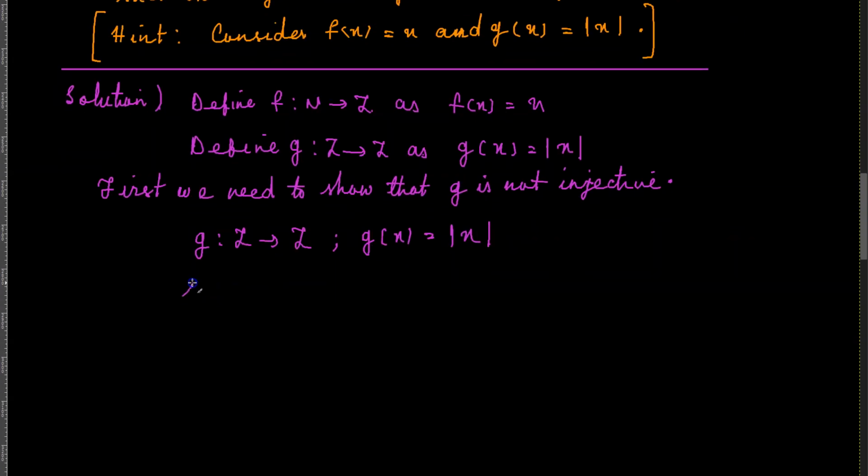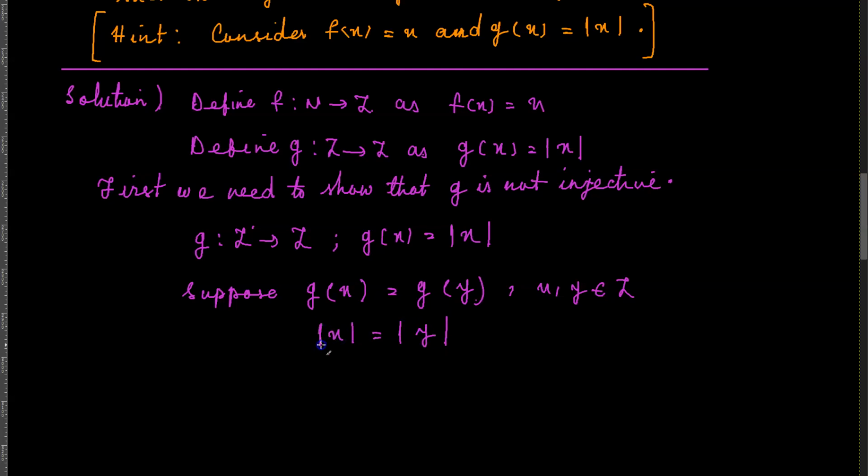Now let's suppose, for example, that g of x is equal to g of y for some x and y belonging to the set of integers, the domain of the function. What that means is that the absolute value of x is equal to the absolute value of y.